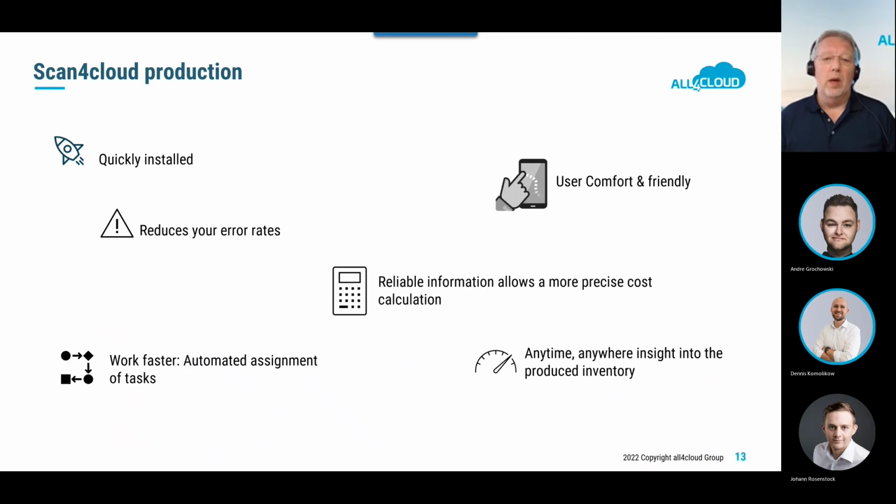And normally when new solutions are being launched, the users also get training. Due to the familiar cell phone gestures such as swipe and tap, and the wide range of scan4cloud languages, none of our customers has had to be trained so far.